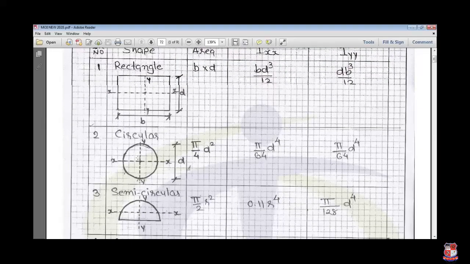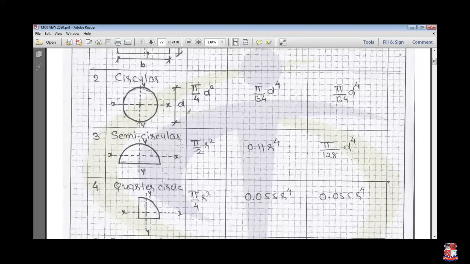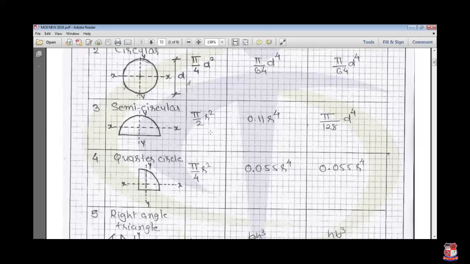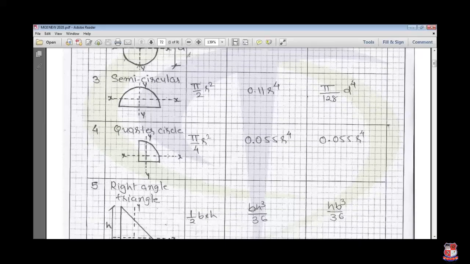For a circle, the area is pi by 4 d square, and I_xx is equal to pi by 64 d raised to 4, same for I_yy. Next, the semicircle: area pi by 2 r square, 0.11 r raised to 4, and pi by 32 d raised to 4. Quarter circle: area pi by 4 r square, and here 0.055 r raised to 4, same here.